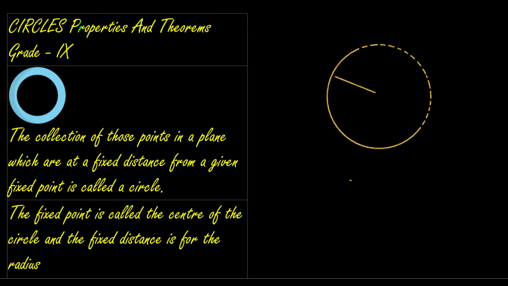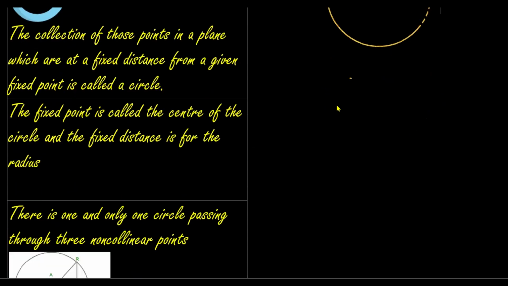You can see that all points are at a fixed distance, and that fixed point is called the center of the circle, generally denoted by O, and this fixed distance is called the radius.